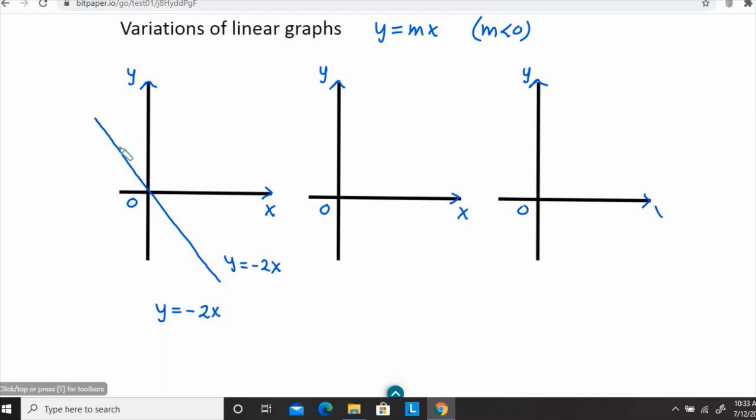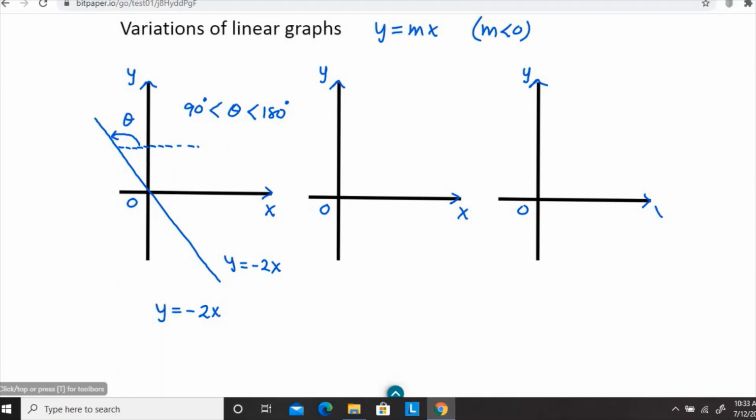The important thing here is the angle the line makes with the positive x-axis. So this is theta. Here, theta is going to be larger than 90 degrees, but it will be less than 180 degrees. So that means the angle is always in the second quadrant.